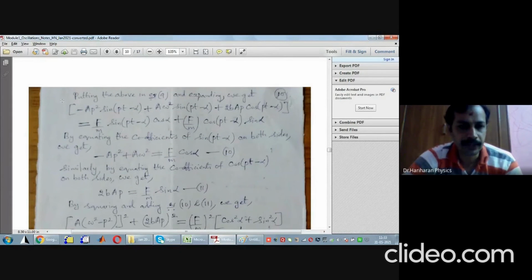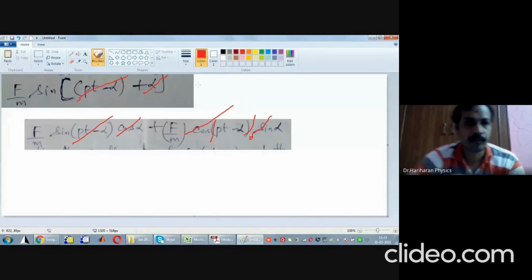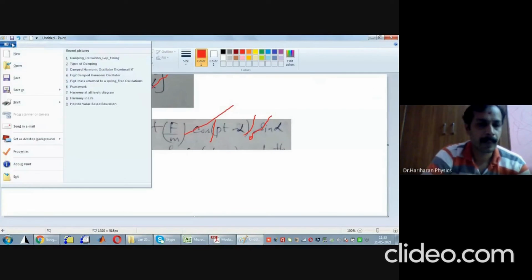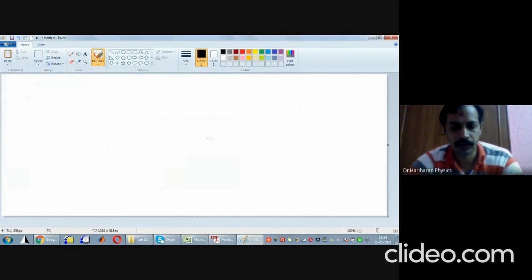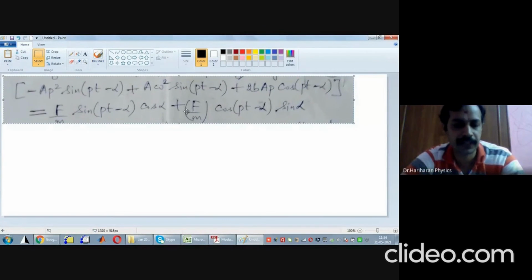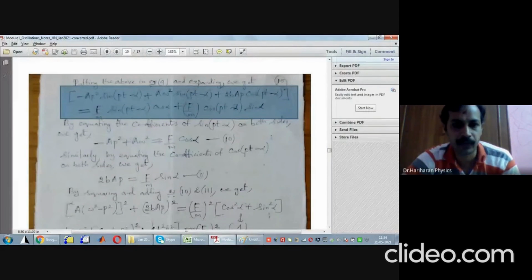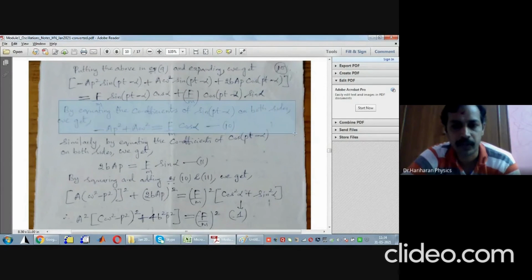Okay, so therefore now look here. I'll just take this term now. Understand what I'm telling? Look here, I don't want other things. Okay, now this is our basic equation. Next, what do we do? By equating the coefficient of sine of pt minus alpha on both sides, we get this equation.